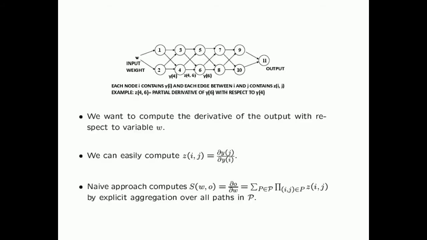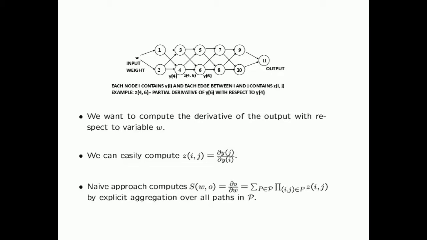So let us revisit some of the notations that we used in the first part of the lecture. Here we have a computation graph with an input weight w and an output o, and each node i has a variable y_i inside it. So here, for example, in this particular graph, I have shown y4 as a variable for node 4 and y6 as a variable for node 6.